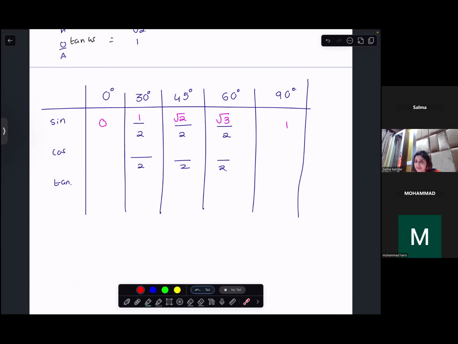For sine, first of all, sine 0 would always be 0, but then this would be from 0 and 1. 30, 45, 60 would be divided by 2, with 1, root 2, and root 3 on top. Cos would go just the opposite of sine. That means if sine starts with 0, cos will start with 1, and you write everything the other way around.